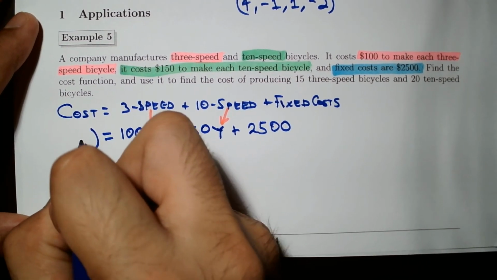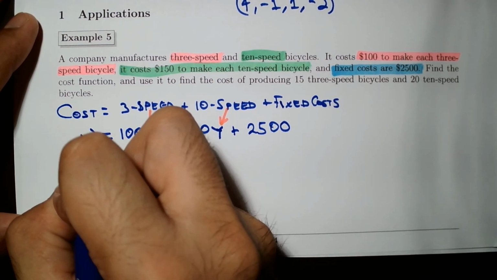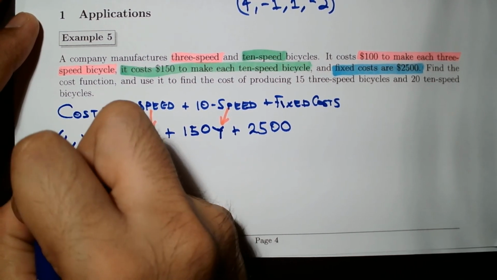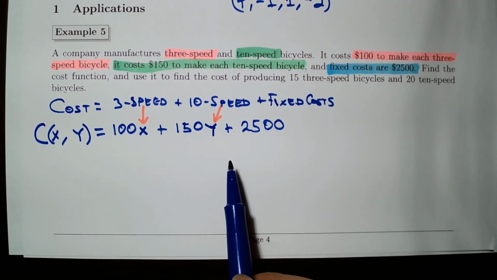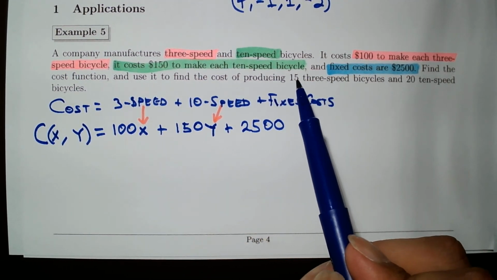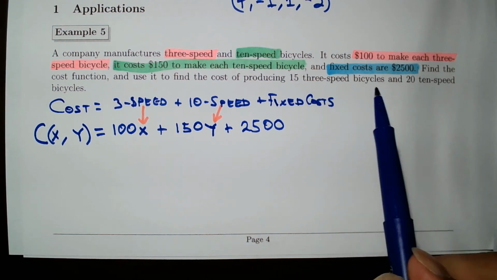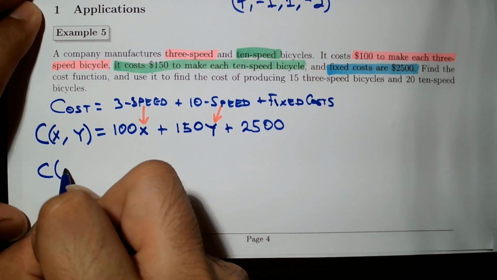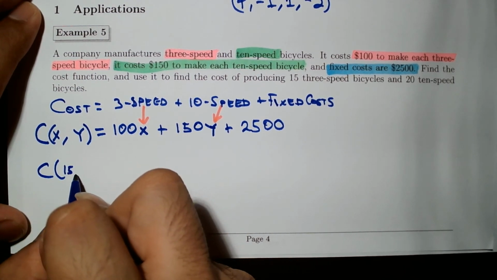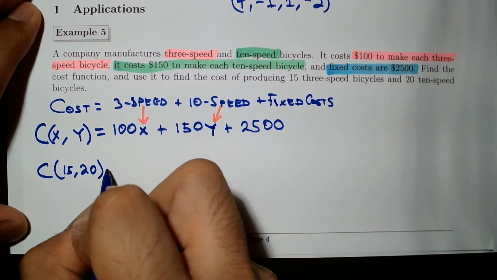So in this case, we are defining a cost function that depends on X and Y. So that's the function we are going to use to find the total cost of producing 15 3-speeds and 20 10-speeds. So evaluate 15, 20.